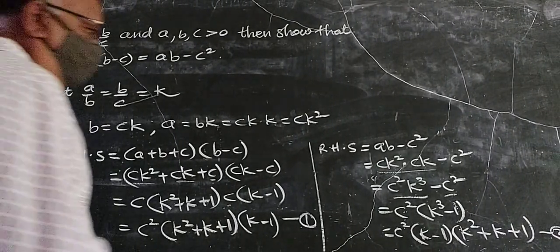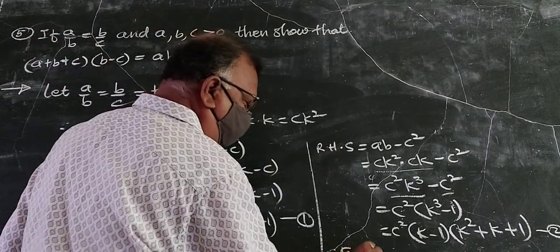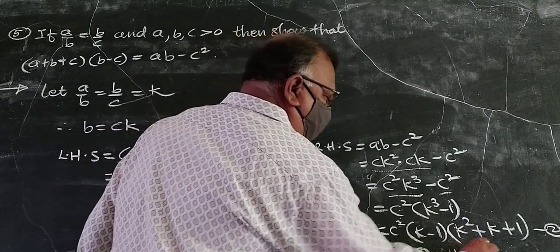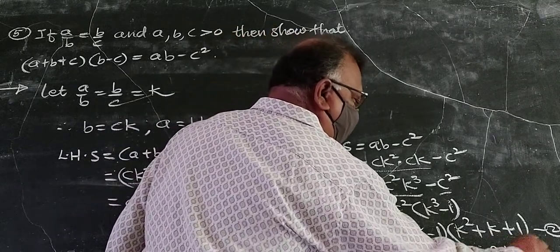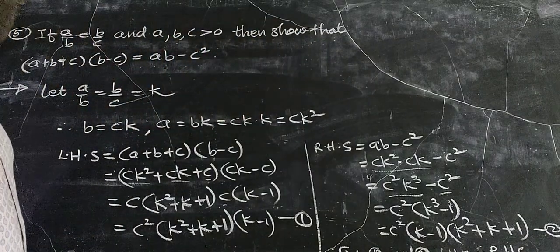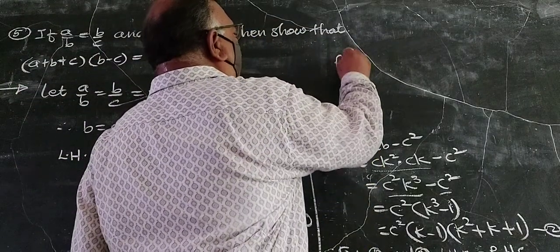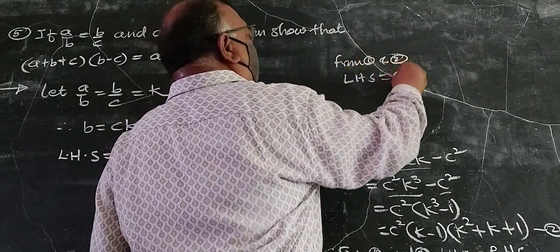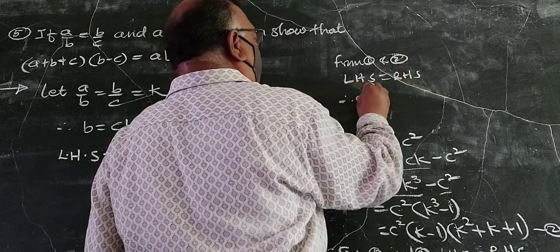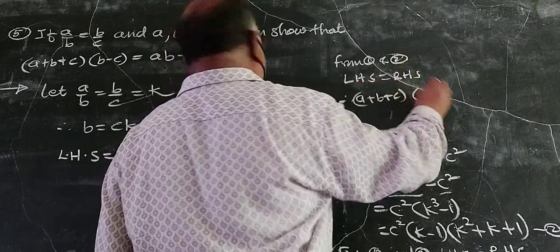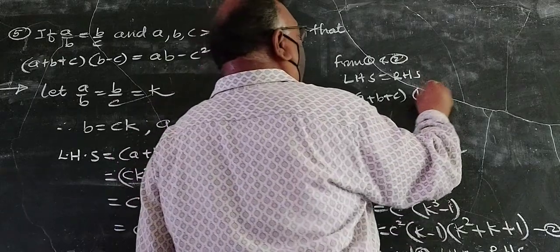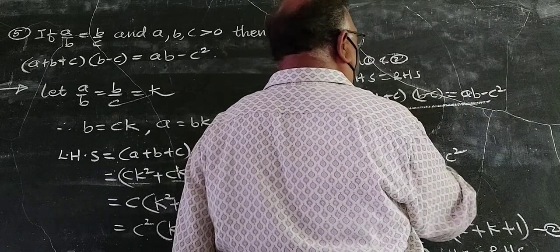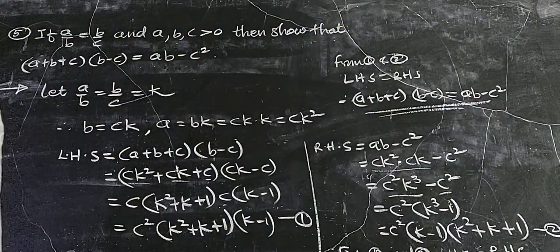And therefore, from 1 and 2, LHS is equal to RHS. Therefore, (A plus B plus C) into (B minus C) is equal to AB minus C square. So this is what we have proved. Okay, please copy this.